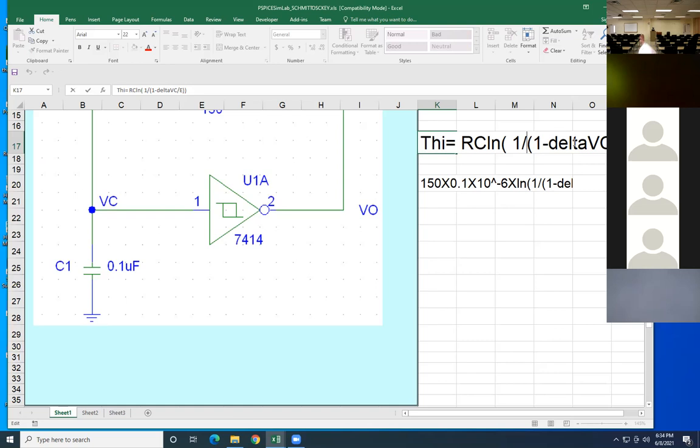And 1 over that, you should get 1.479. So basically you take the log of 1.479, and times 150.